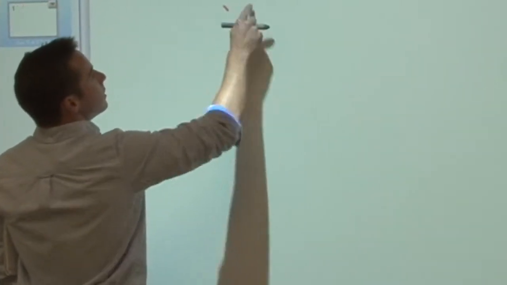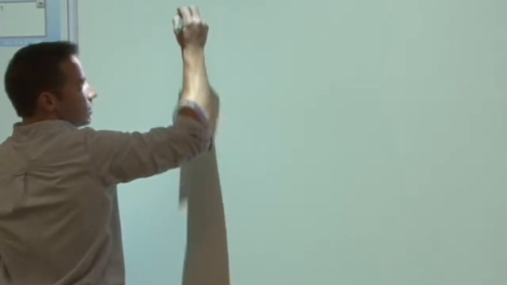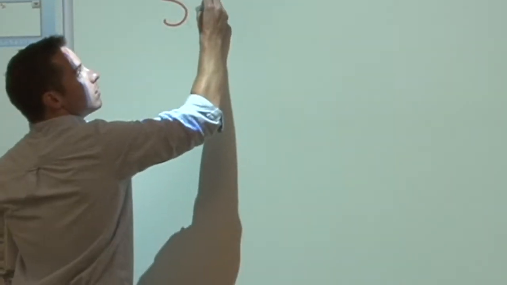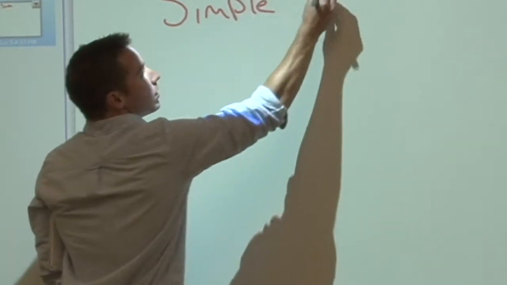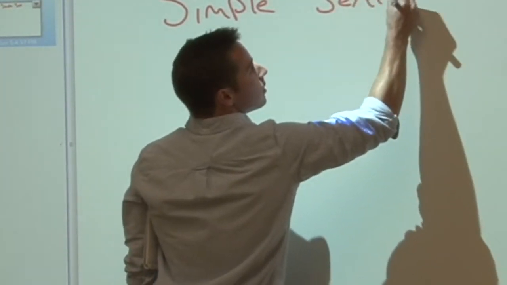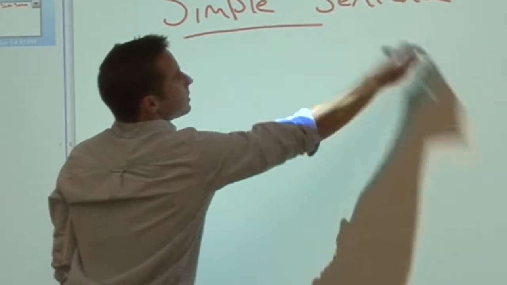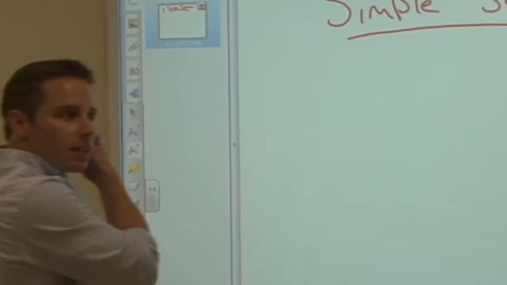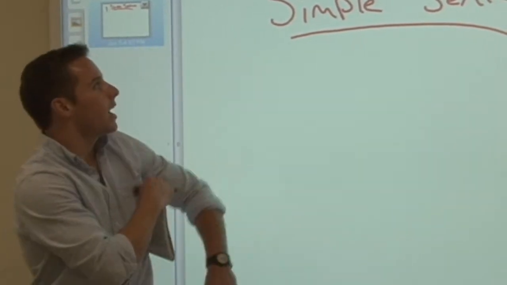We've got simple sentences. This is the first type of sentence we will be discussing. So, based on what we've already discussed, what is a simple sentence? What can you infer from that?